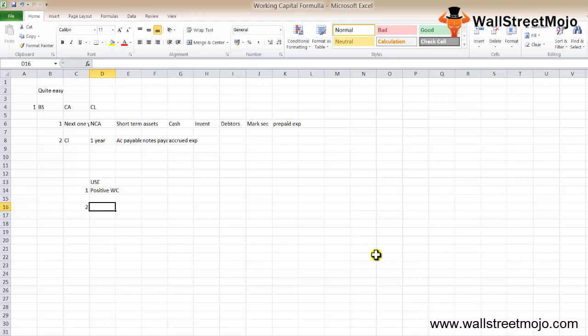On the other hand, if the company has negative working capital, meaning the current assets are less than the current liabilities, this is a negative case, and the company is suffering from inefficiency and illiquidity. Here, current assets greater than current liabilities is the positive case.